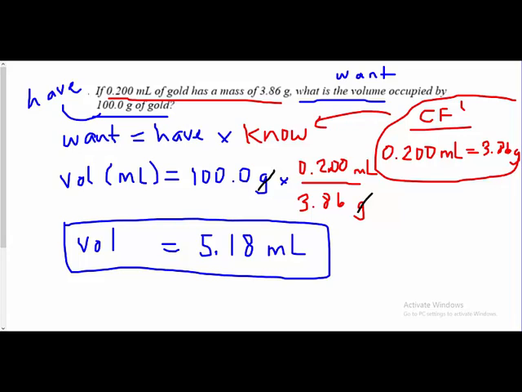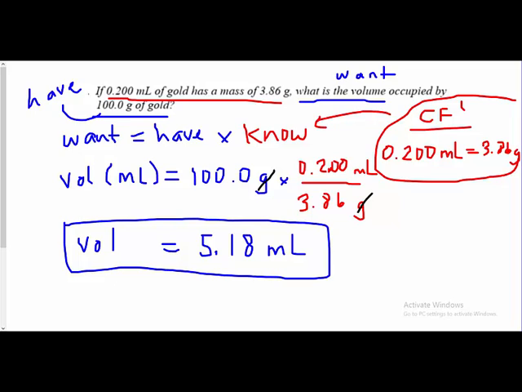So in other words, it's very unlikely that you're going to use your conversion factor incorrectly if you're using this process, because you're allowing your units to guide you. You're always thinking about, how do I put that conversion factor in? In other words, will I be multiplying or dividing?